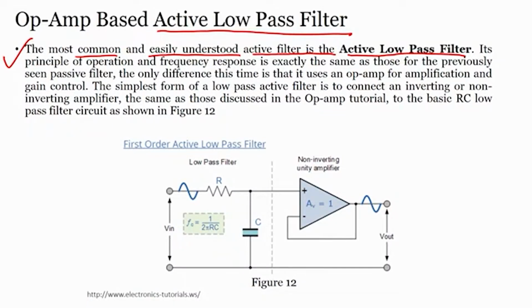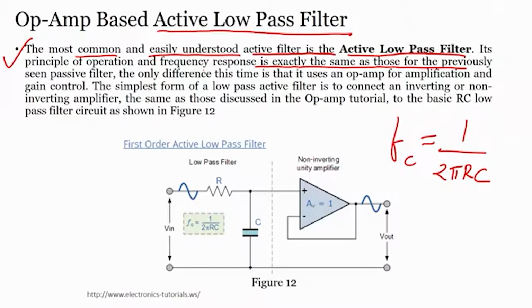Its principle of operation and frequency response is exactly the same as those for the previously seen passive filters. We have not seen a lot of filters previously, but we have seen the RC filter. The cutoff frequency Fc equals 1 upon 2 pi RC. This is the cutoff frequency formula for the passive low pass filter.